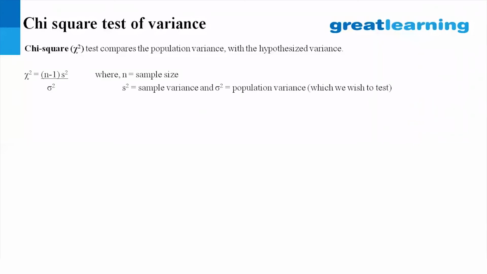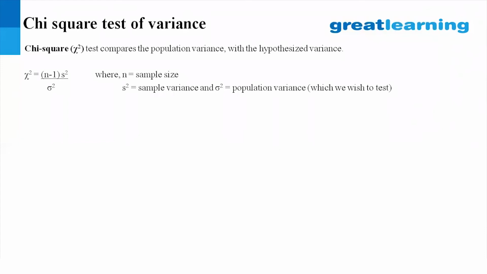Okay. So what we do in a chi-square test is, we know it is a test of variance, and we compare the population variance with the hypothesized variance. The X-like symbol that you see is called the chi-square. n is the sample size, s squared is the sample variance, and sigma squared is the population variance, so sigma is the standard deviation.